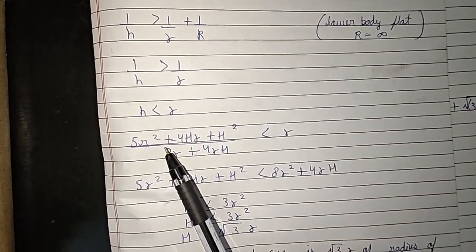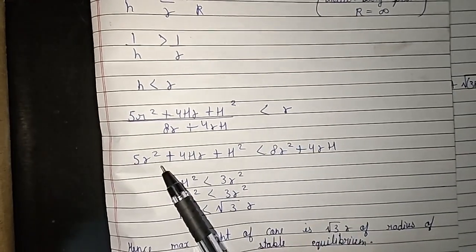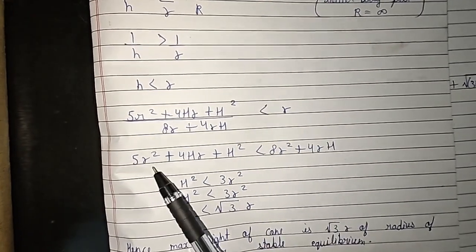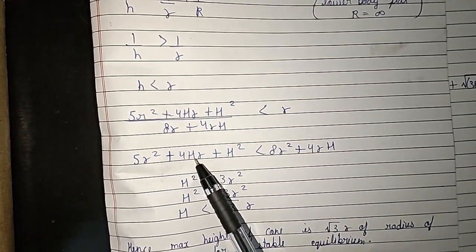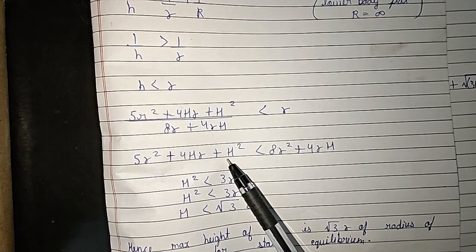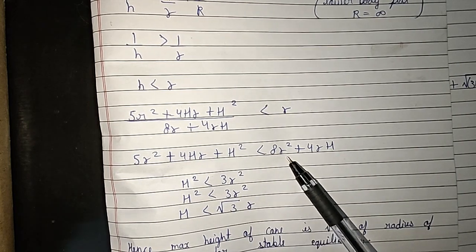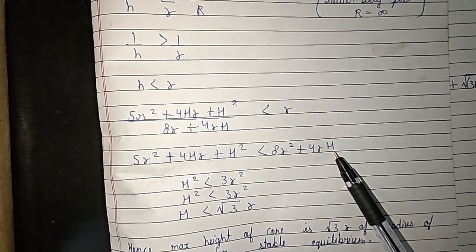This will become (5 r square plus 4 h r plus h square) upon (8 r plus 4 h) less than r. So this will go this side, and we get 5 r square plus 4 h r plus h square is less than 8 r square plus 4 r h.